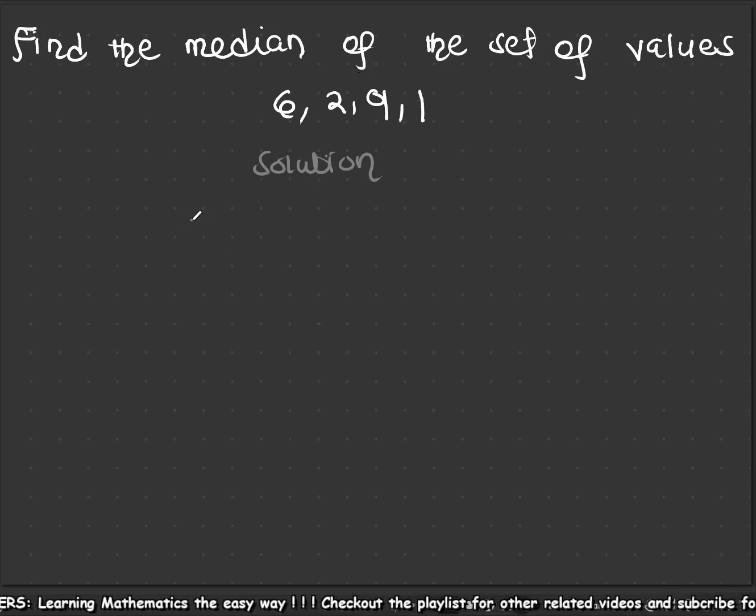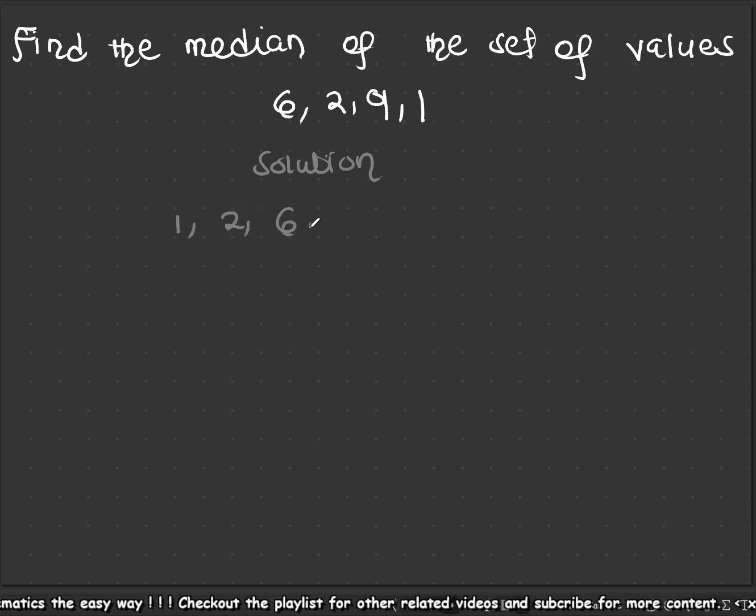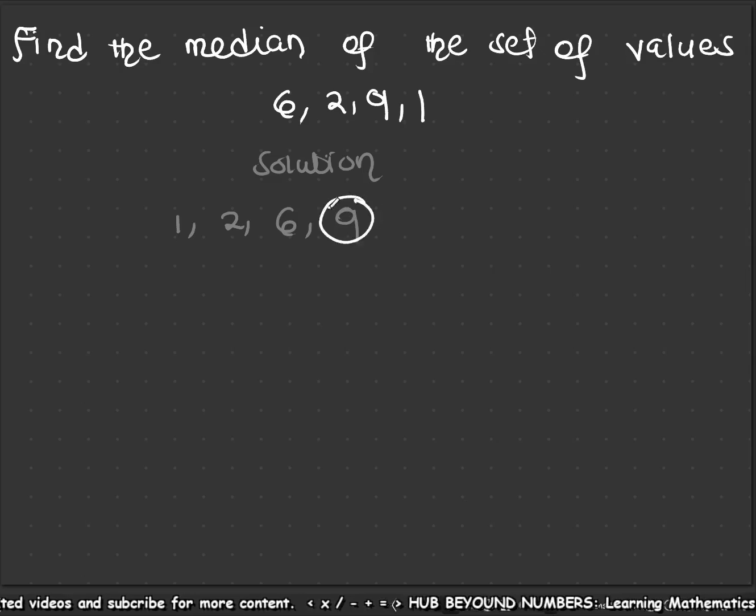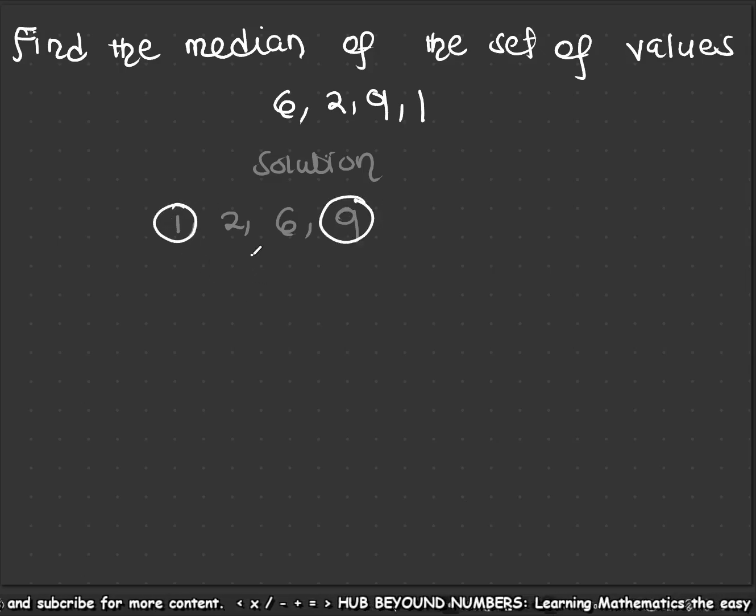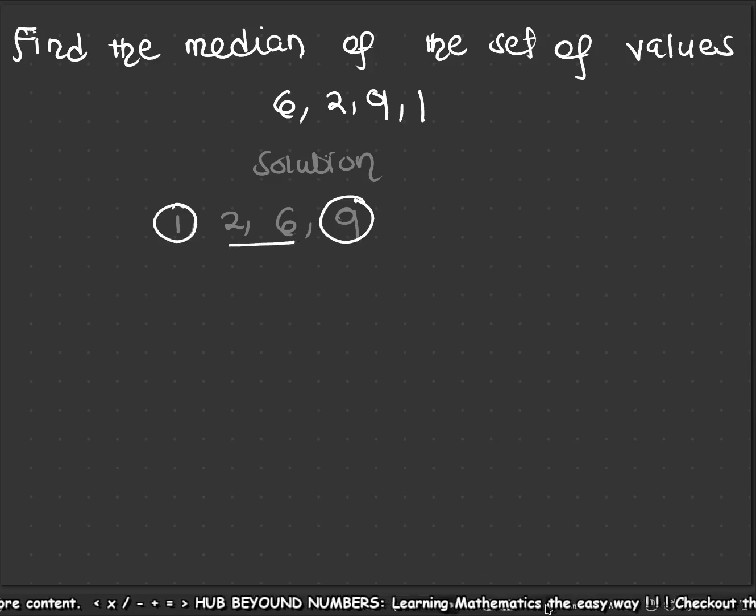So our ordered values are 1, followed by 2, 6, and then 9. These are our set of ordered values. And then if we want the middle now, you realize that if this one goes off and this also goes off, we have two values in the middle, right? So this implies that our median.